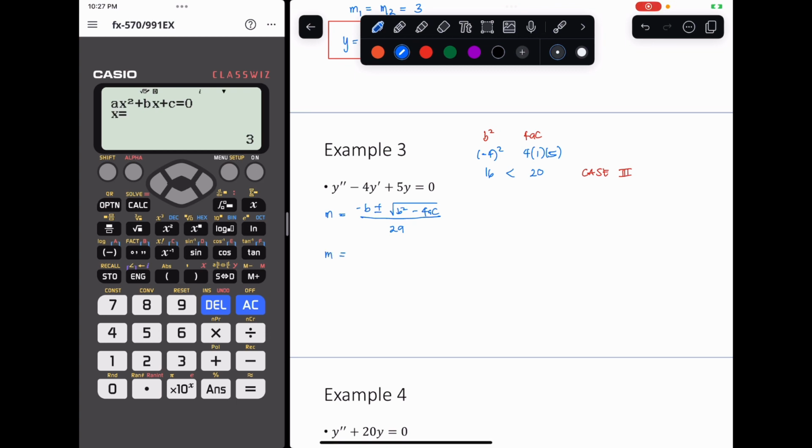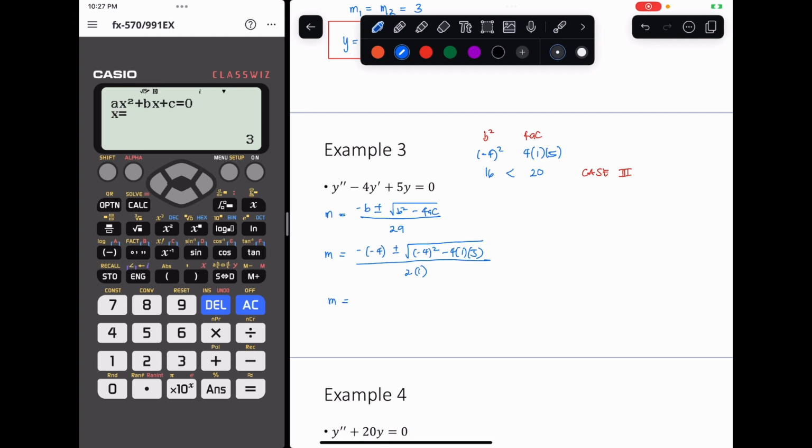So m would be negative b, which is negative 4, plus and minus the square root of b squared, which is negative 4 squared, minus 4 times a, which is 1, c is 5, all over 2 times 1.